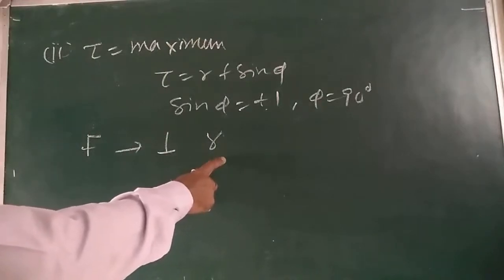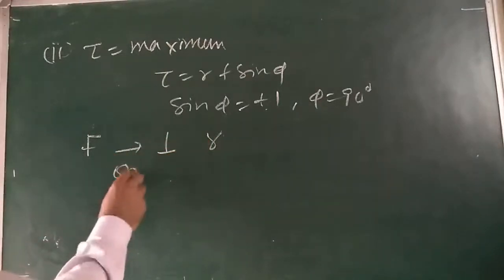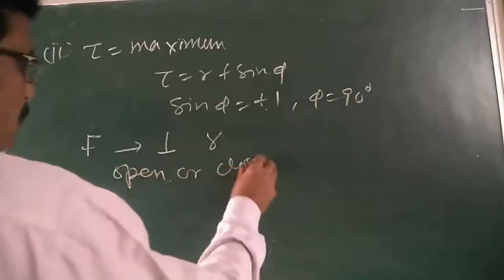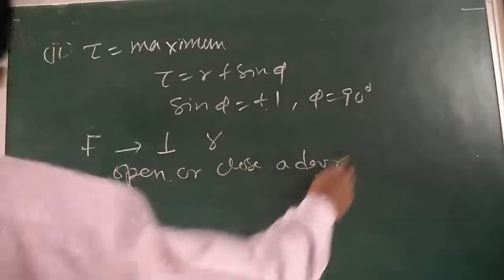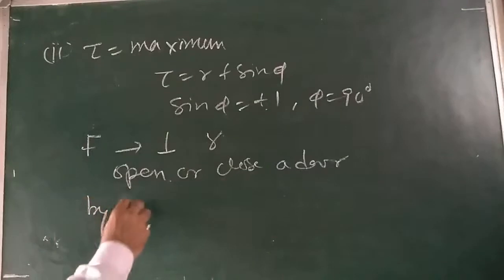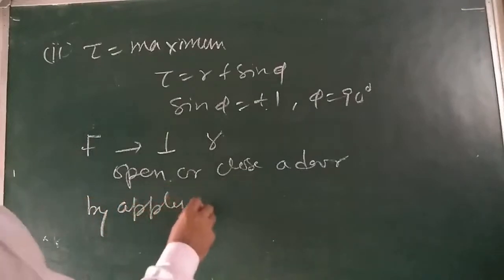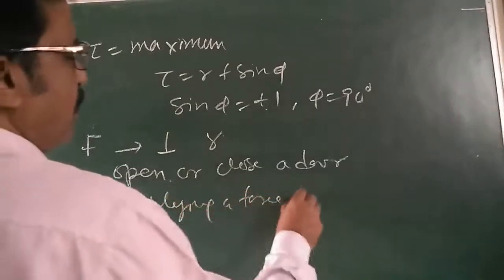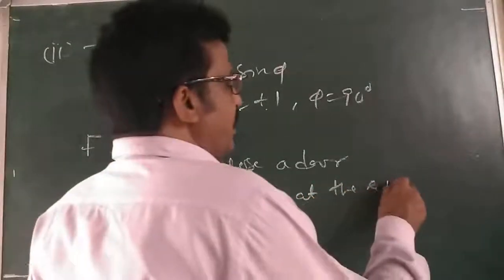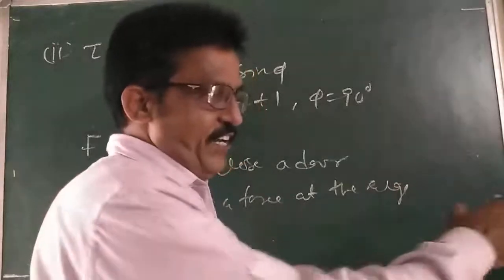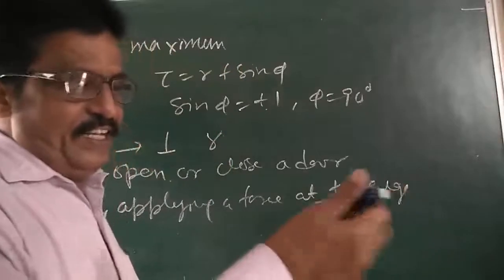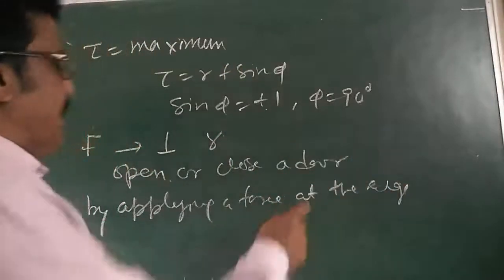For example, it is easiest to open or close a door by applying a force at the edge. Say this is the R, this is the F, and the angle in between is 90 degrees.